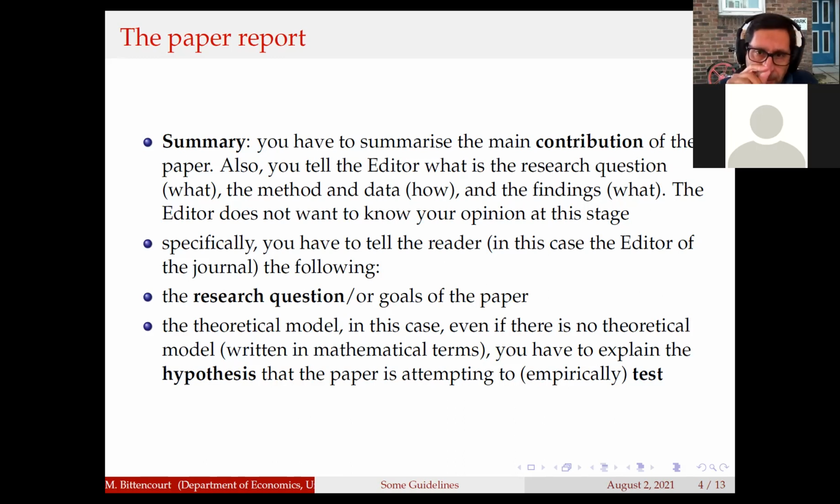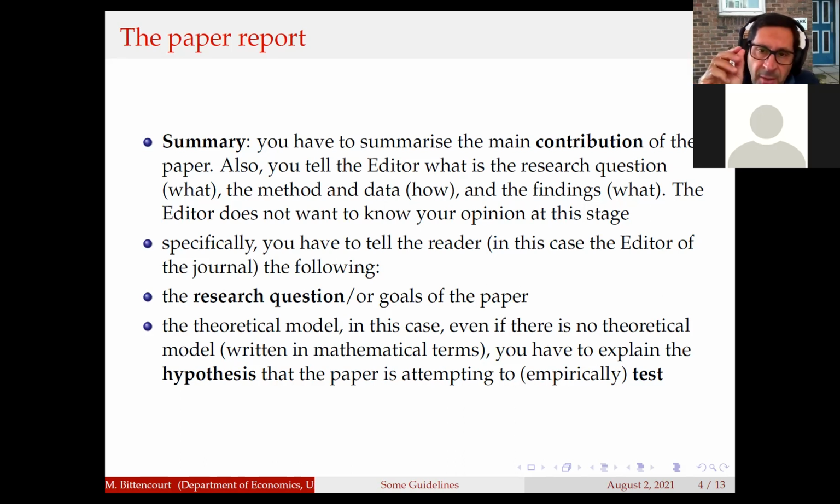Specifically, you have to tell the reader, in this case, the editor of the journal, the following. The research questions or goals of the paper. I'm just repeating myself. The theoretical model, even if in this case you are going to read an empirical paper, right? But there is a mechanism, there is a model, there is a verbal mechanism there.